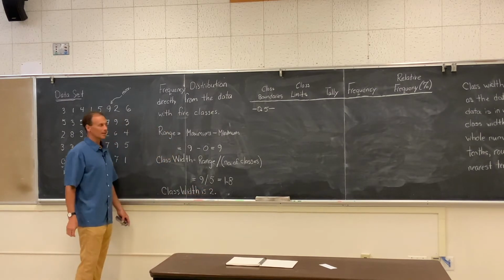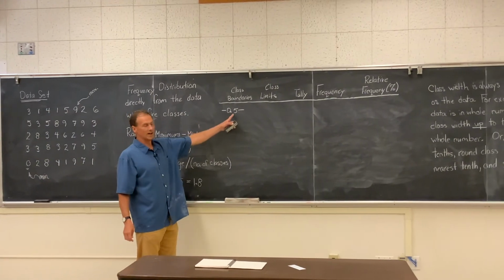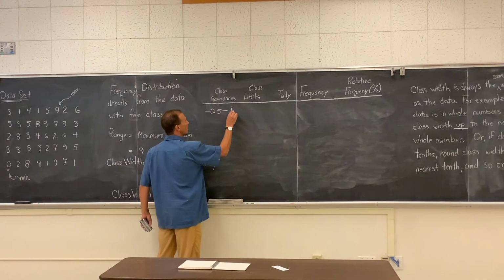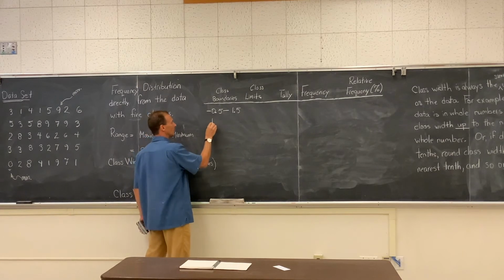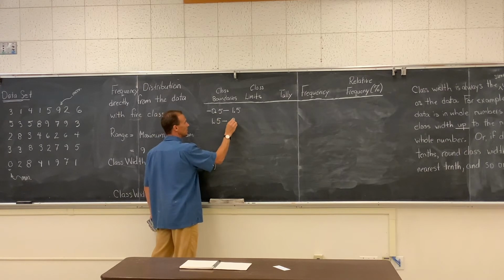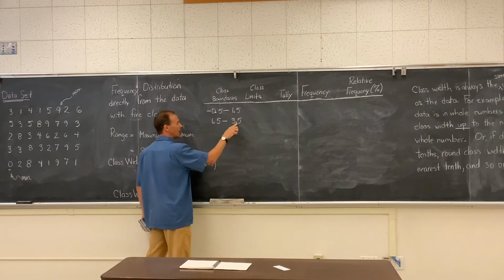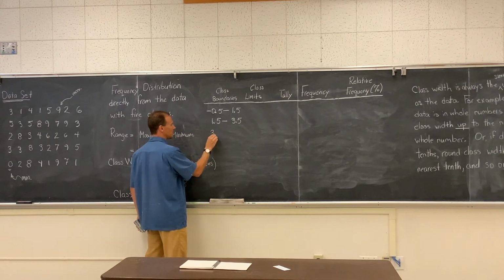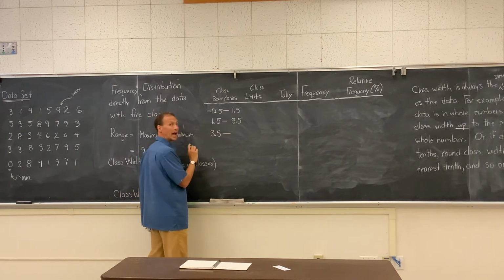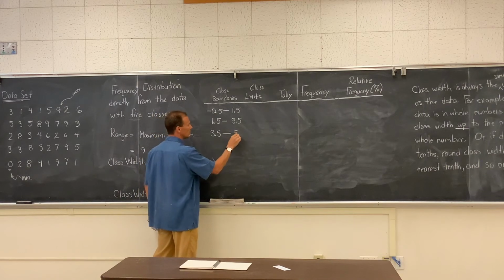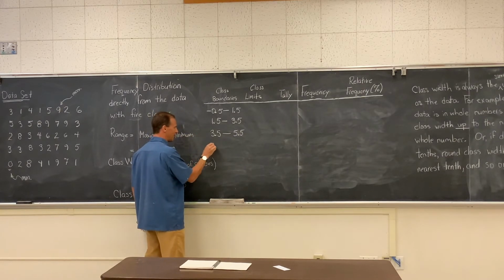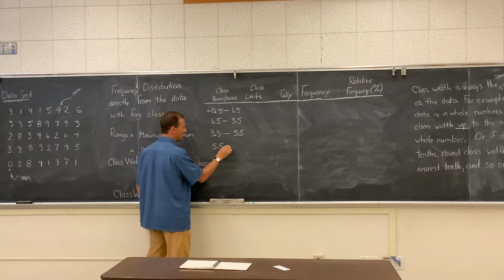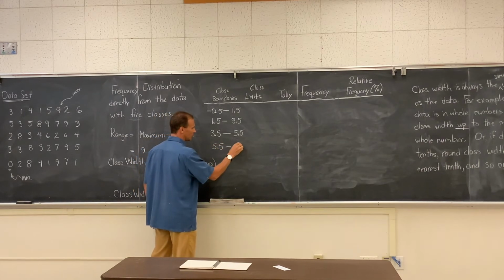Okay, that's it. So if we take -0.5, add 2, we get 1.5. Now remember, class boundaries share a common boundary. So this is 1.5. We add 2 to that, that's going to be 3.5. We share a common boundary, so we bring that down, 3.5, and then we add 2, so this is 5.5. And then we share a common boundary, 5.5, add 2, 7.5.